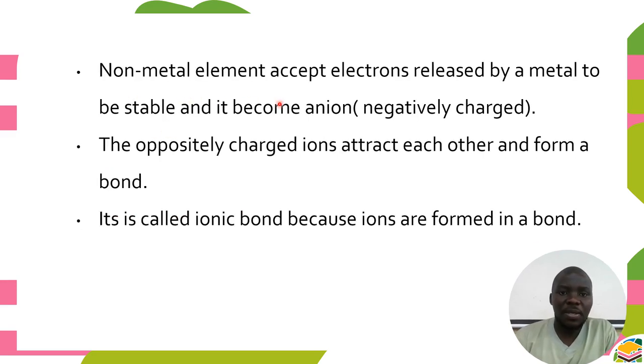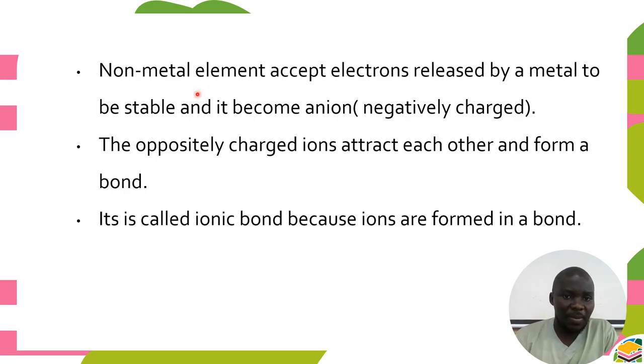While nonmetal elements accept the electrons released by the metal to be stable. The electrons which have been released by a metal don't just disappear. They are going to be accepted by a nonmetal beside it. Why do nonmetals accept the electrons? It's because they have the capacity: a strong nuclear charge to accept the incoming electrons.